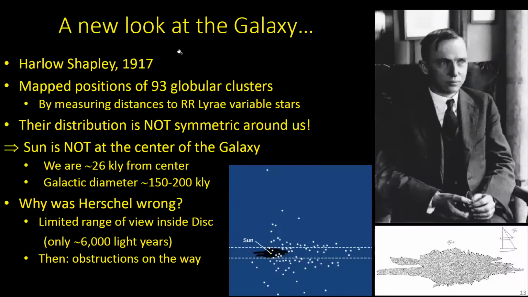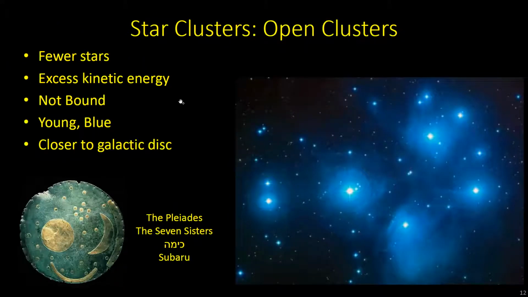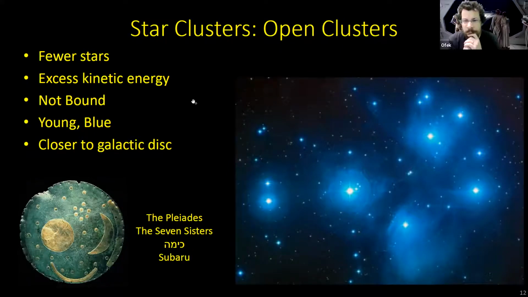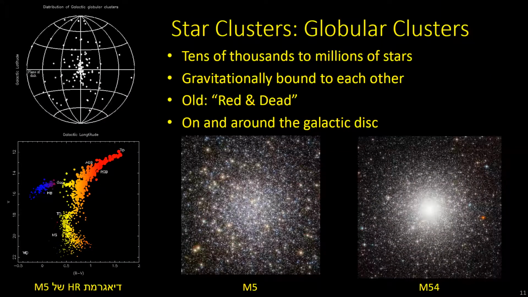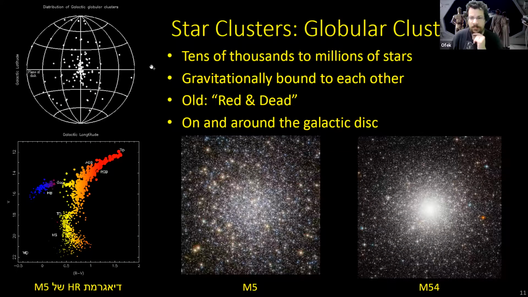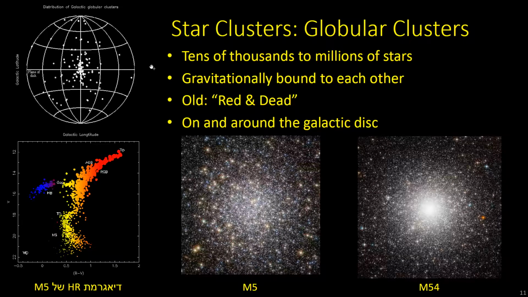Can you explain the galactic disk? I mean, you say they are off the plane, the first type of clusters? Say that again? The previous page of the slide? This one? Of the globular cluster, yeah, you say they can be not on the galactic disk. Yes.